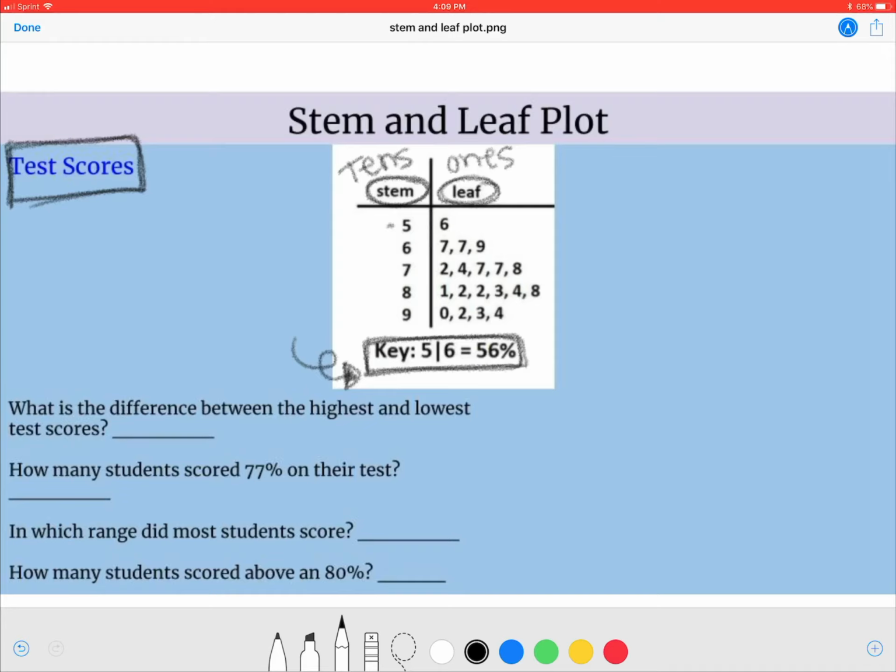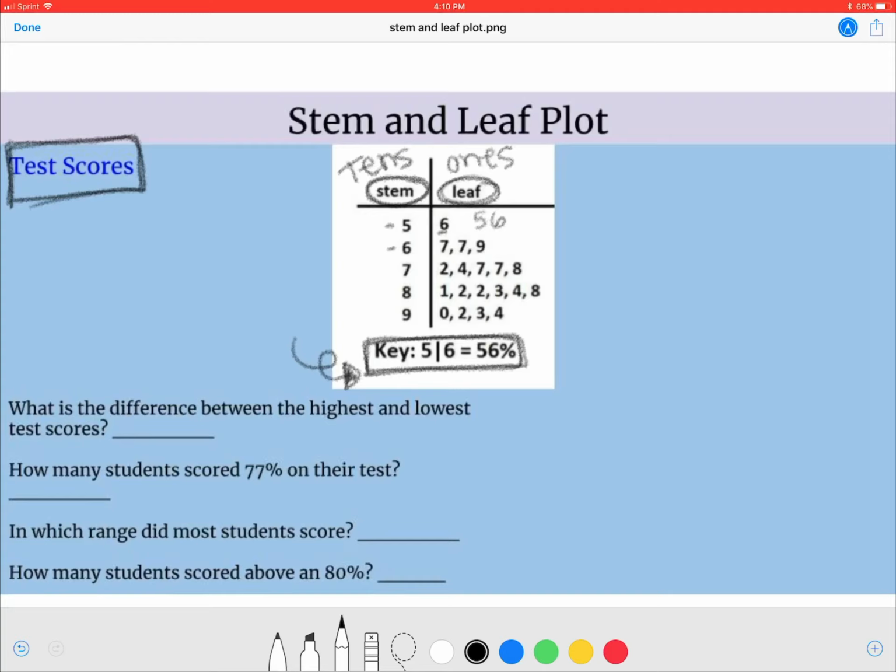Let's look at what that means. I notice that there's a 5 in the tens, which would represent 50, right? So if I have a 5 in the tens and a 6 in the ones, what number does that represent?